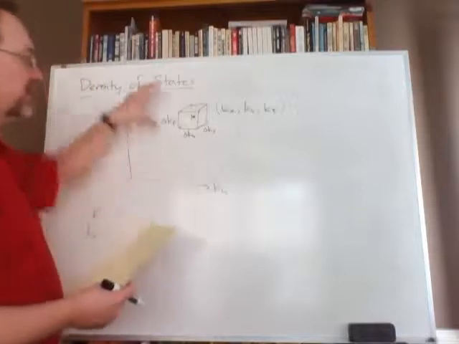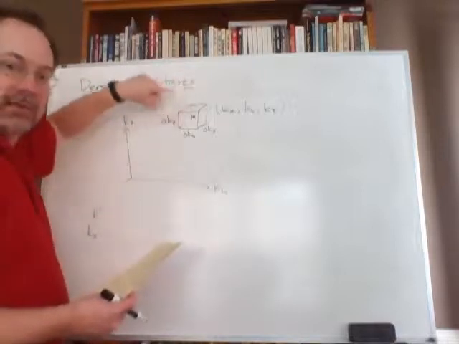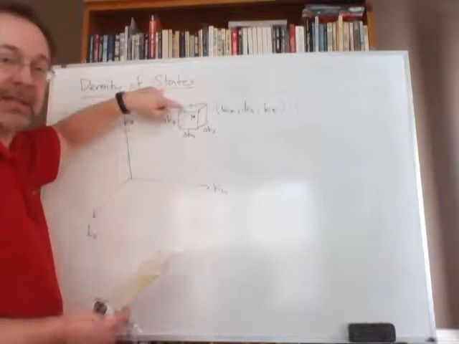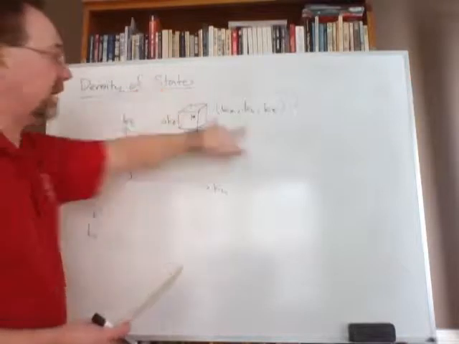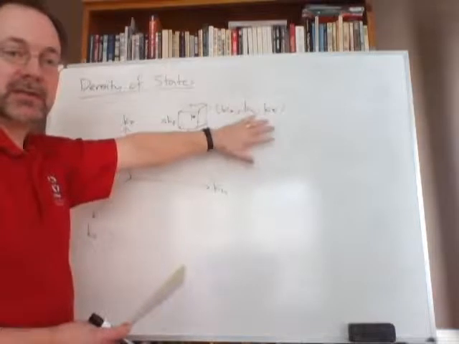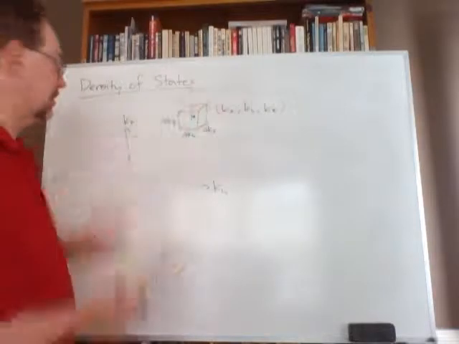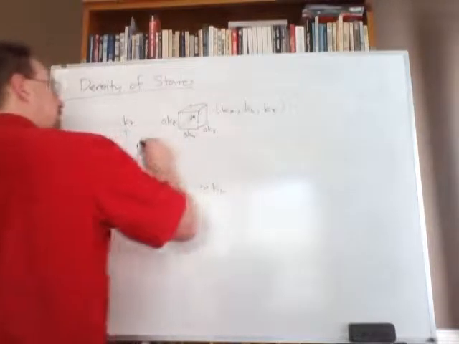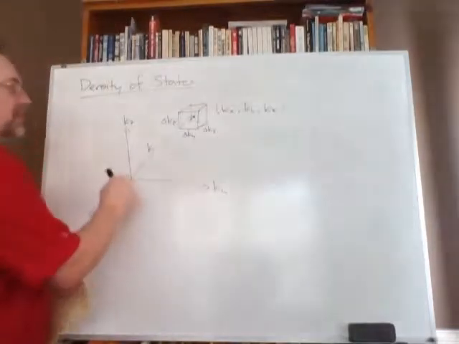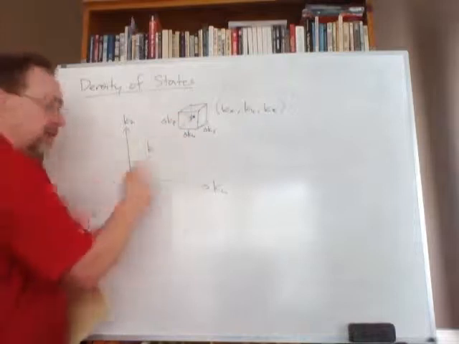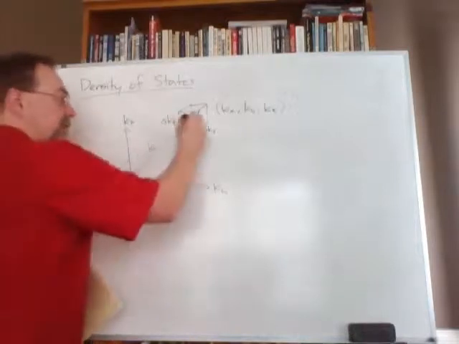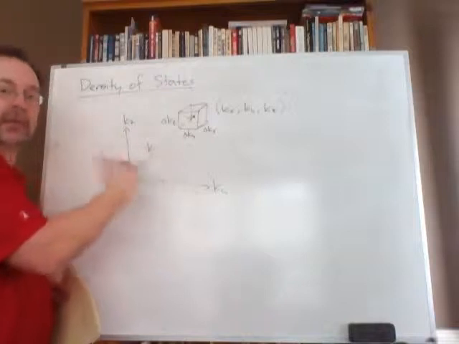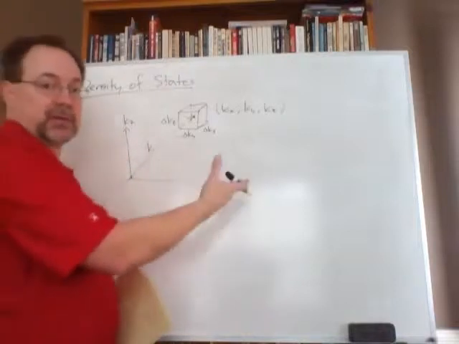What then is the volume that we can associate with this point? This point represents a state with a valid combination of k's, and the overall value of k here would be k. The length of this vector from the origin in k space out to this point, representing a state, is k equals the square root of kx squared plus ky squared plus kz squared, which we just wrote down.